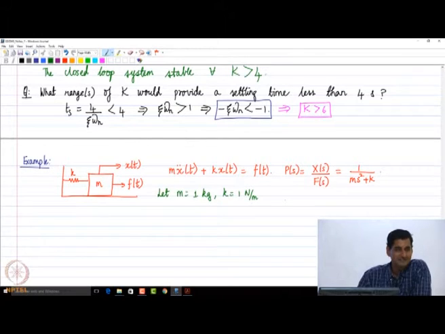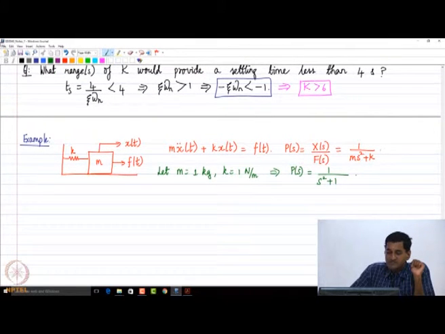This implies that the plant transfer function is going to be equal to 1 divided by s squared plus 1. So, the poles of the plant transfer function are going to be at plus and minus j. So, is this system BIBO stable?